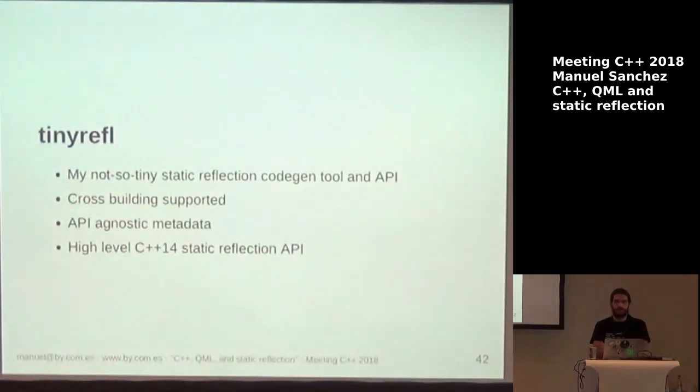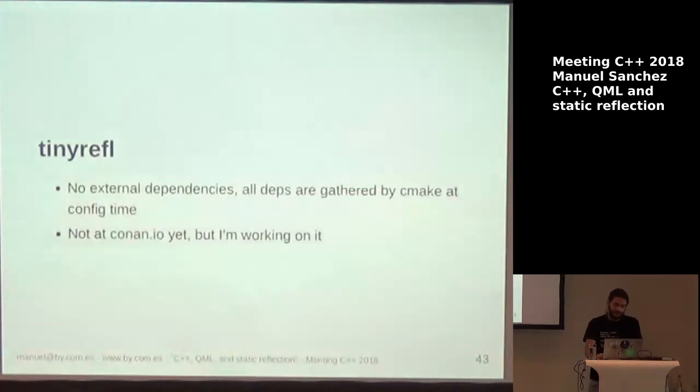The CodeGen tool returns metadata in an abstract format, so it's not tied in any way to the API. And it provides a high-level API using C++14. The library has no external dependencies. All the stuff it needs is downloaded by CMake at configure time.